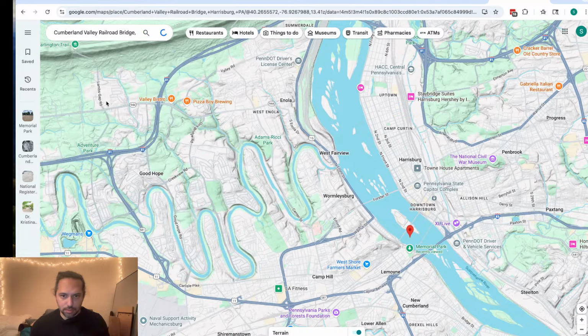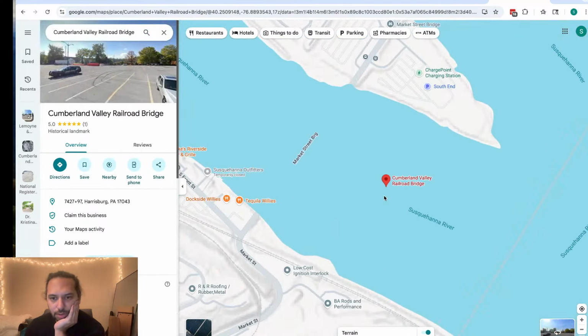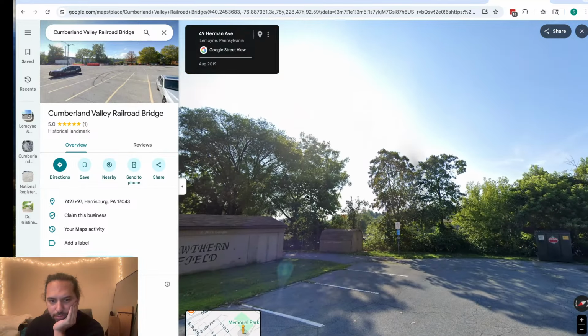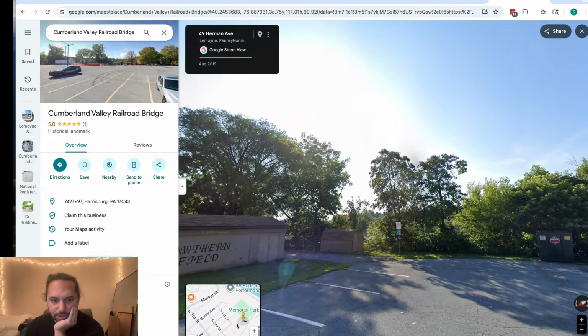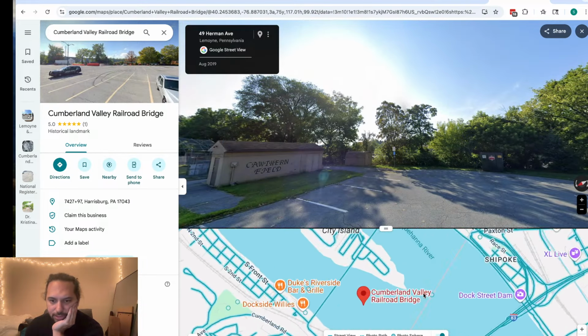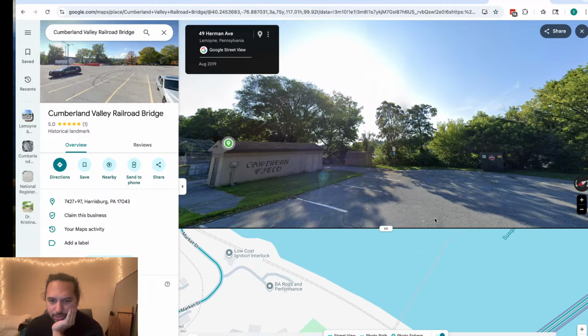Wait, there it is. What's this? Ah, interesting. So there's a railroad bridge here. Hold on, I want to get a better view of it. You see that line?